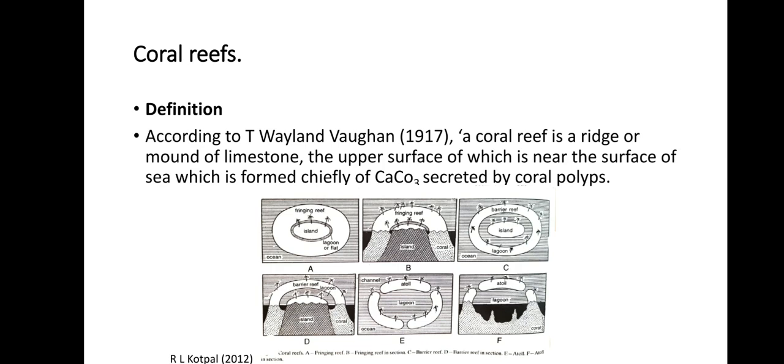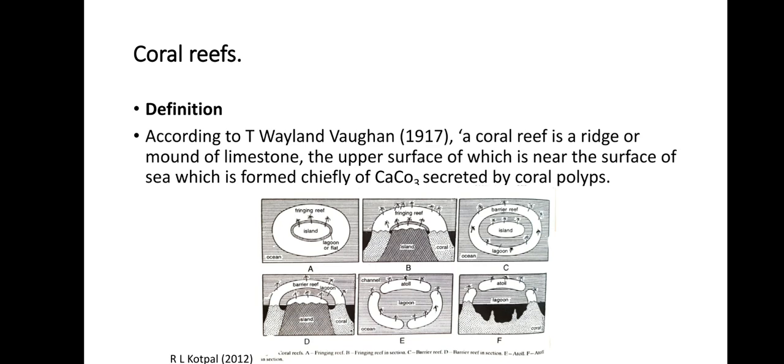A coral reef is a mound of limestone, just like our chalk mound. Usually only the upper part of this heap projects out of the sea, so that it is visible, and the rest is submerged in the water.